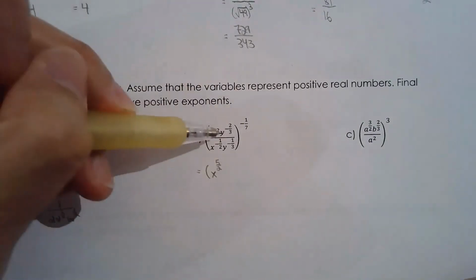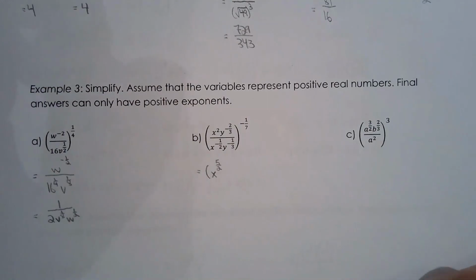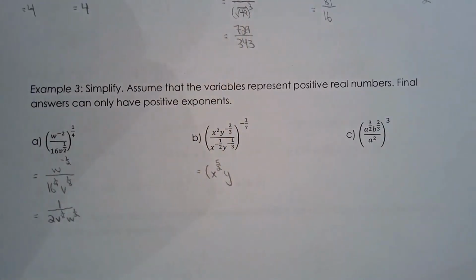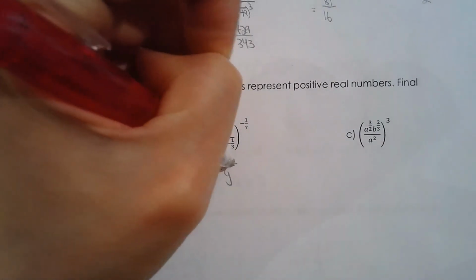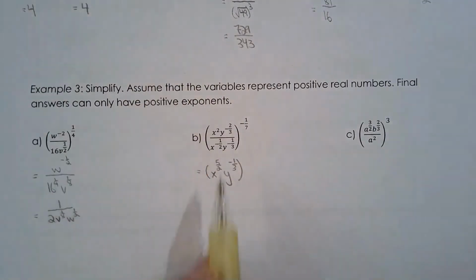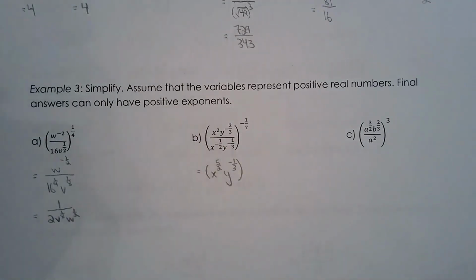Negative 2/3 minus negative 1/3, so negative 2/3 plus 1/3 is negative 1/3. And that makes sense because when I divide powers of the same base, I subtract exponents.